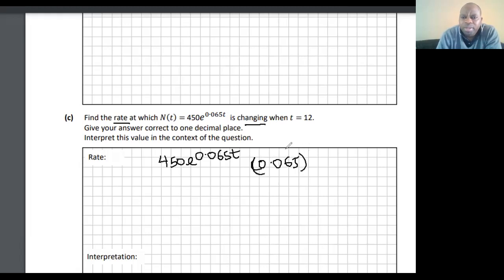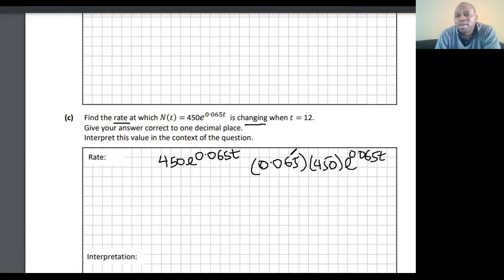I'm putting it in the bracket. So 0.065. So now multiply 450. And then you repeat the whole stuff.